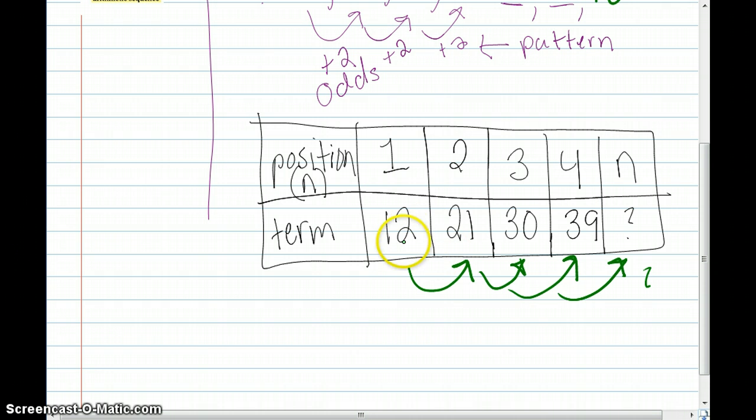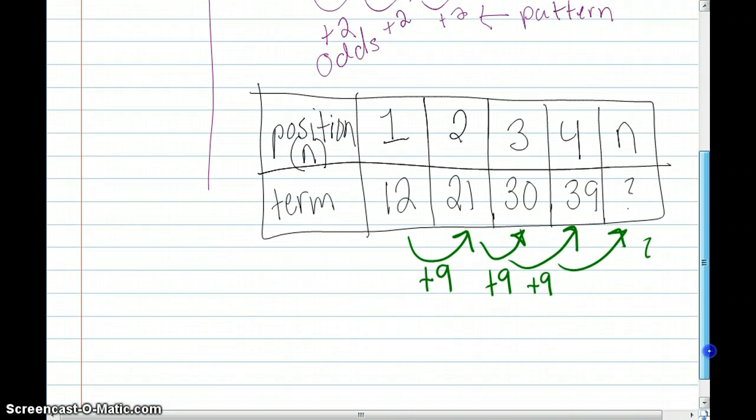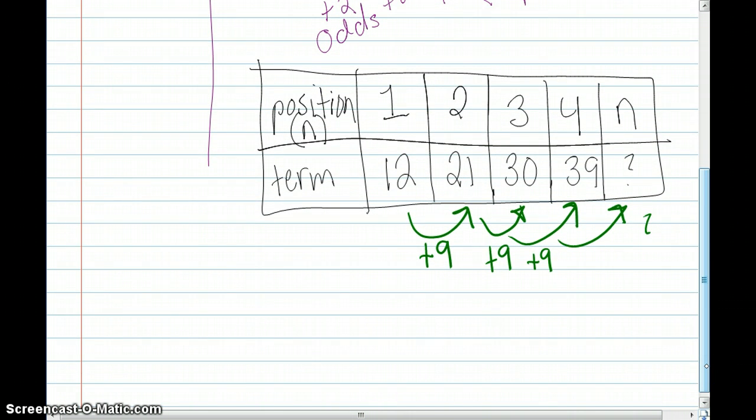So here we go, what's the difference between 21 and 12? Well, that's +9. From 21 to 30, that's also +9. 30 to 39 is also +9. Now we're dealing with arithmetic sequences. That's one of your vocabulary words up here. Arithmetic sequence. And on arithmetic sequences, you're always going to be adding. You won't multiply, you won't divide. You'll either be adding or you could be subtracting, because subtracting is the same thing as adding a negative.